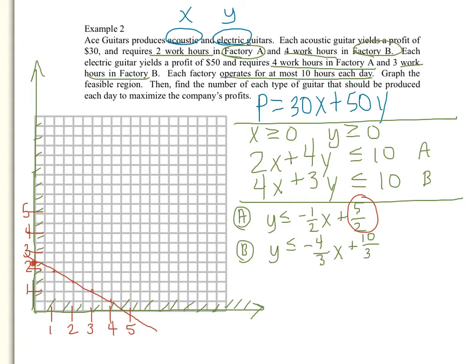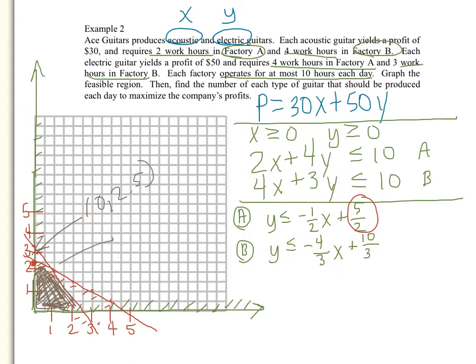Take a minute and put on line B, and then we'll compare and do your shading for line A. All right, so I put the second line on the graph and I did the shading, and I see that I have this area that's shaded in brown with vertices right here. This vertex is going to be 0, 2.5.